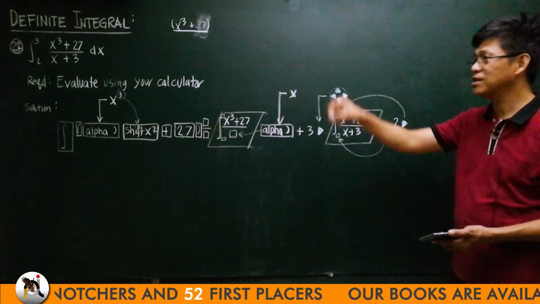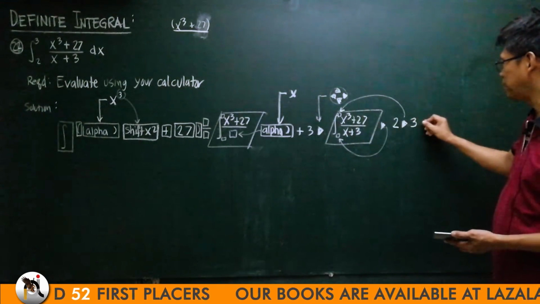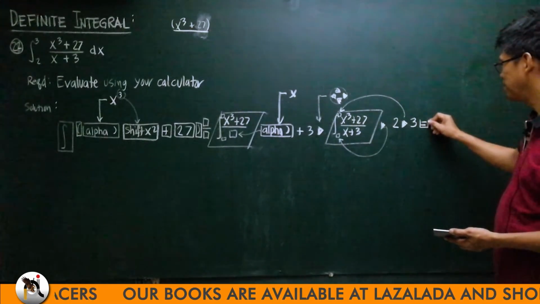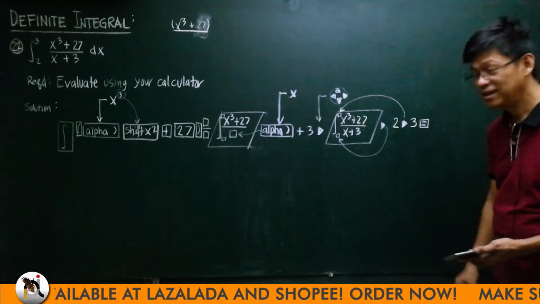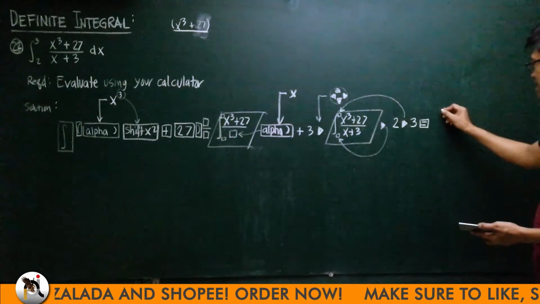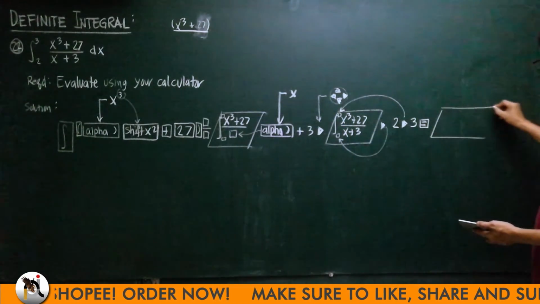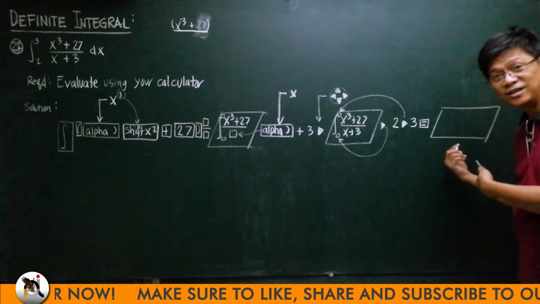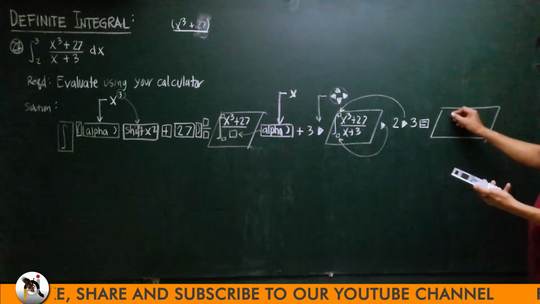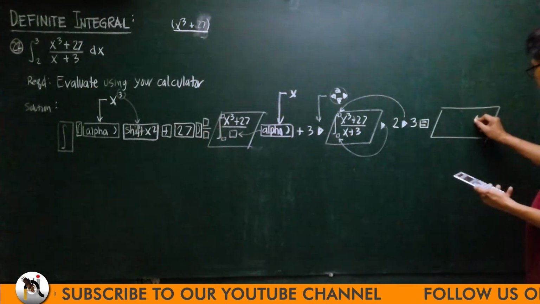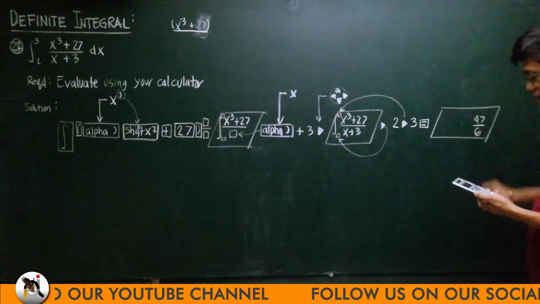What is the upper limit? 3, then press equals. Your calculator will process this and eventually show the result, which is 47 over 6.